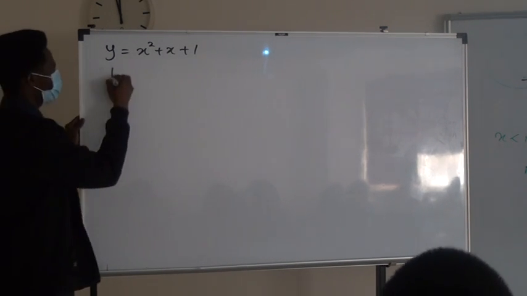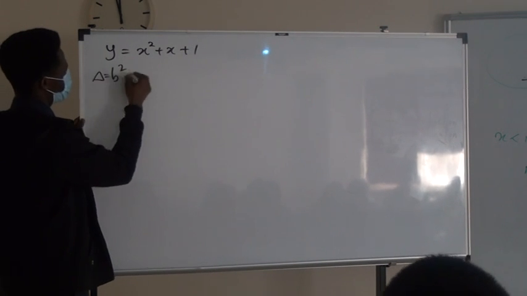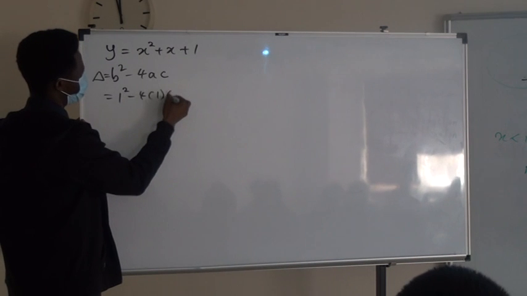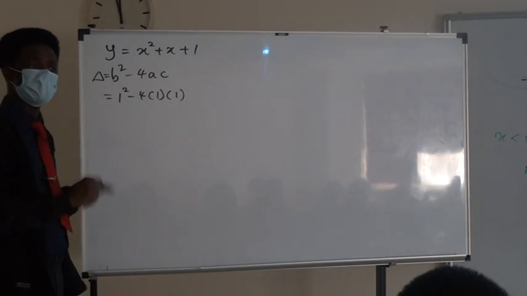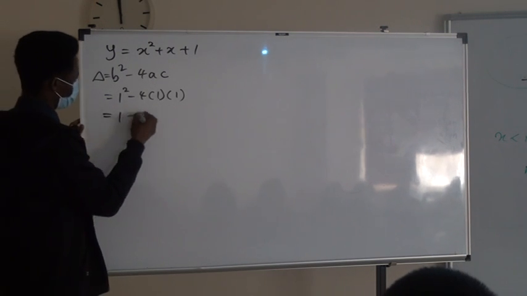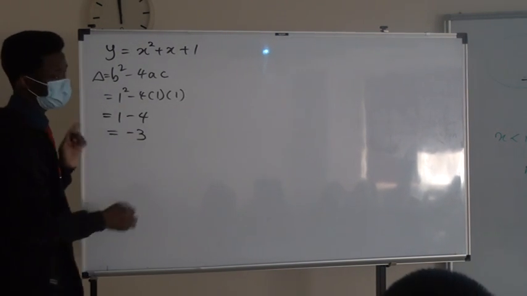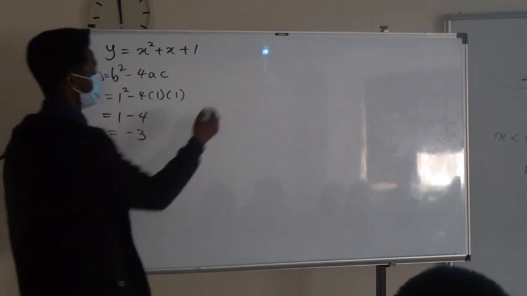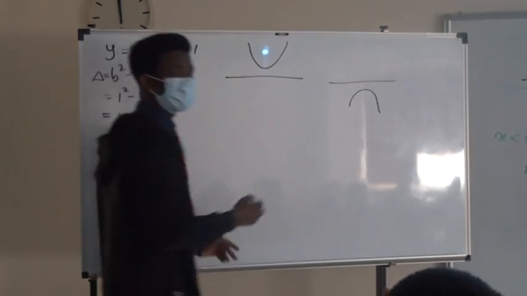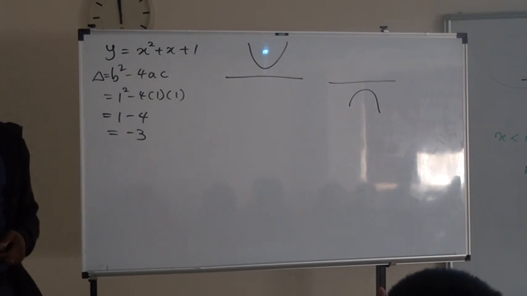Just go about your b squared minus 4ac. And this is 1 squared minus 4 times 1 times 1. Remember to use the bracket so that you are safe when you have negative. So you get 1 minus 4. Oh, negative 3. It means this is one of those whereby it's either this way or this way. You understand? Yeah.